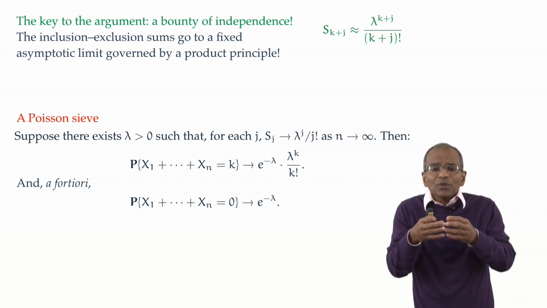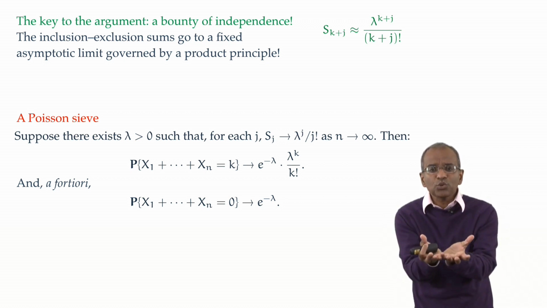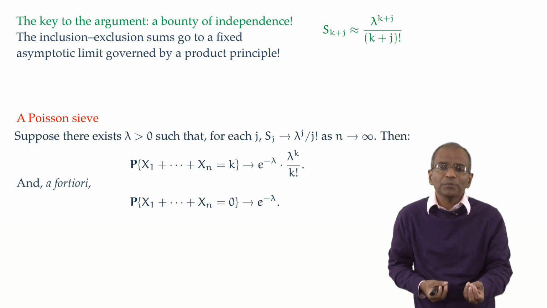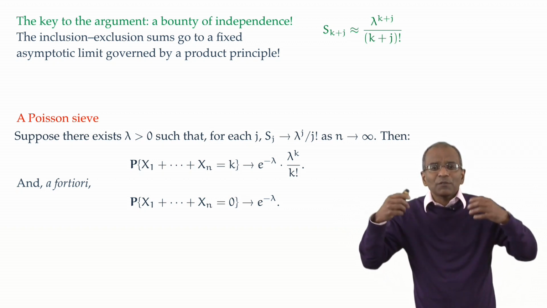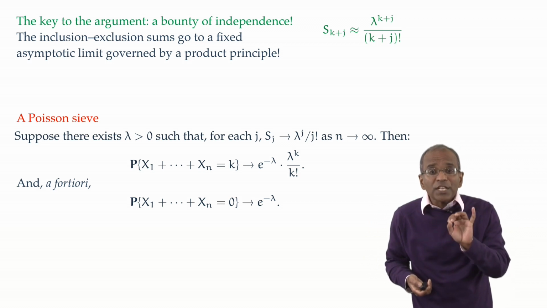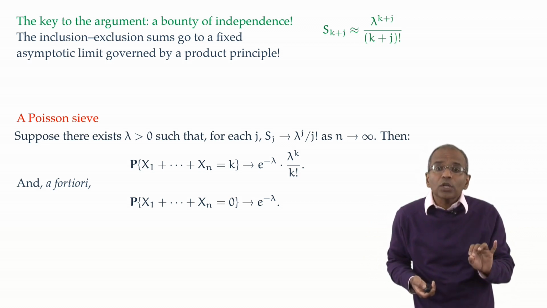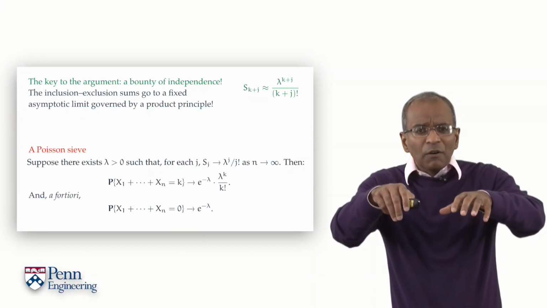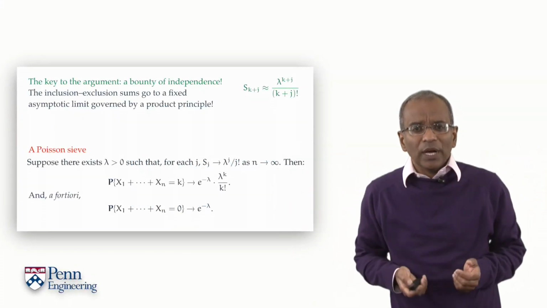And therefore, what we're really doing is metaphorically straining through a collection of bad events and happening to catch a few. This is the idea, the metaphorical idea of a sieve. What we have discovered is a very delicate Poisson sieve for the problem. Of course, this is the formal trappings of the problem, as it were. Okay?